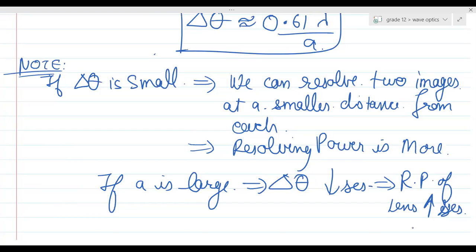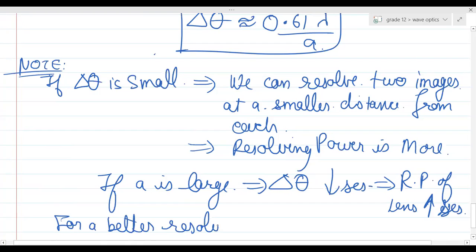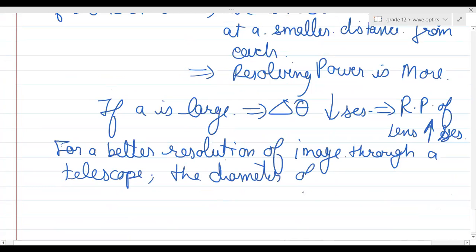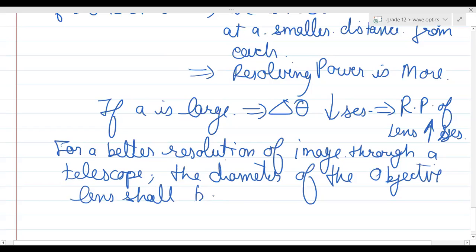So that is the reason people generally say for a better resolution through a telescope, the diameter of the objective lens shall be more. Is it clear?